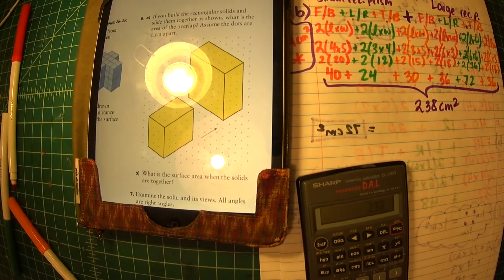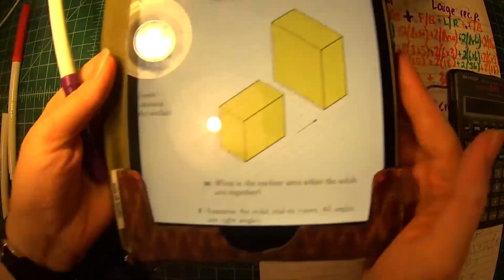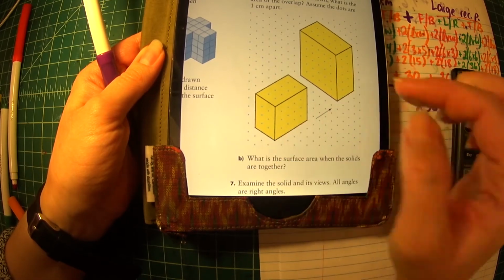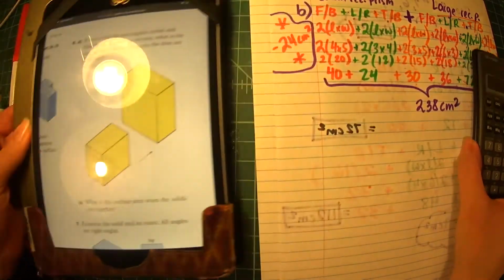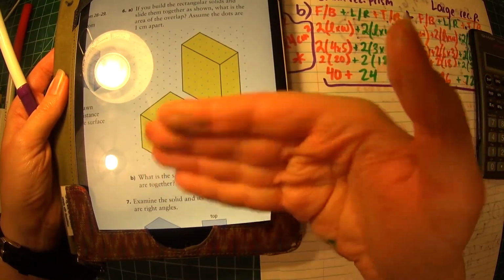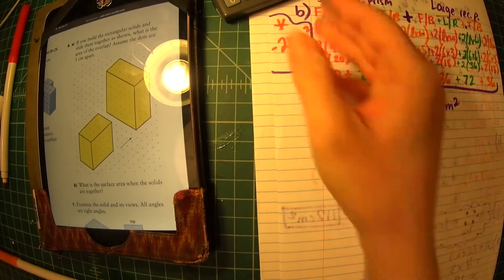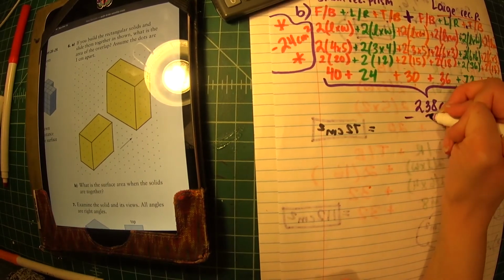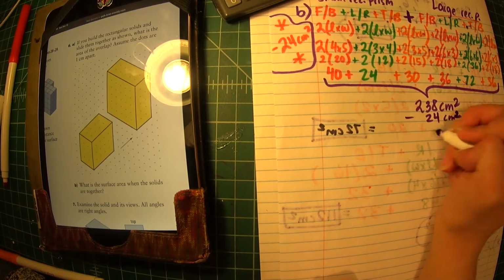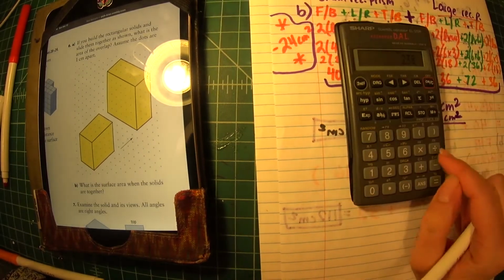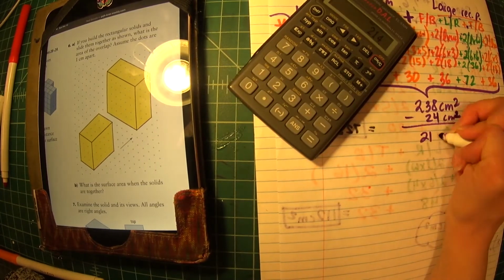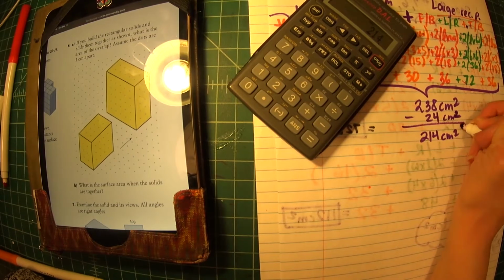That is not my final answer, however, because I have not yet subtracted the area that I lose when I push these two together. So like I wrote over here, the area that ends up getting covered when these two overlap is 24 centimeters squared. So I have to subtract that amount. 238 minus 24. Final answer would be 214 centimeters squared.